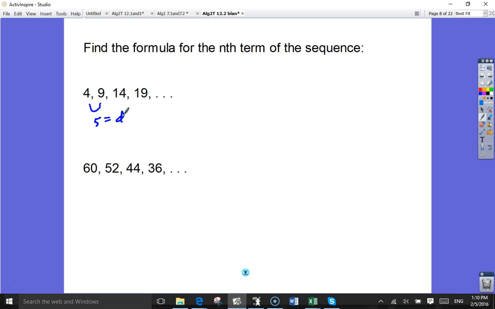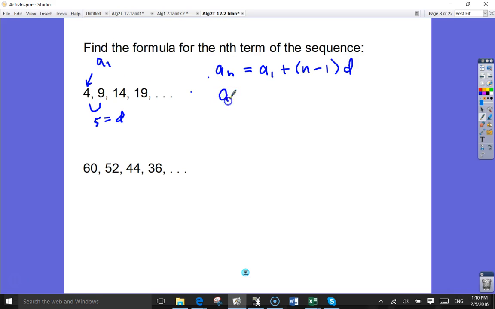If I want to use the formula from the last page, I'm going to rewrite it first: a_n equals a_1 plus n minus 1 times d. Now I need to fill in for a_1 and d. What is a_1? a_1 is here, and we've already identified the d.